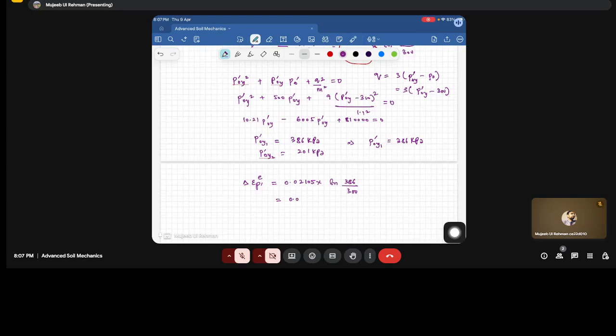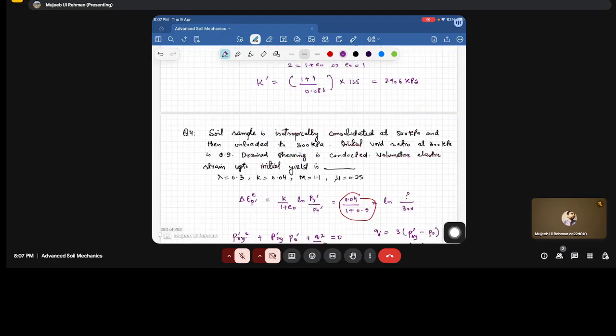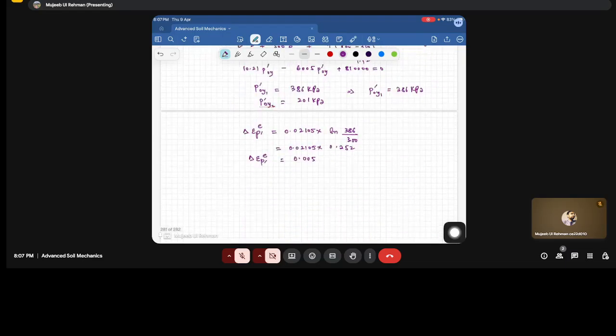What is the value of 386 by 300? ln of it is 0.252, into 0.02105, that is 0.005. So the elastic component of the volumetric strain up to the yield point is 0.005.